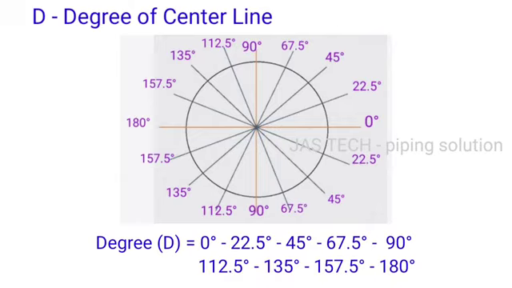So equally divided into 8 parts: 0 degree, 22.5, 45, 67.5, 90, 112.5, 135, 157.5, 180. So our branch circumference is divided equally into 16 parts.